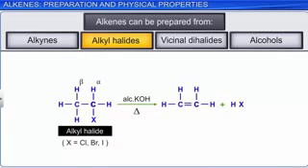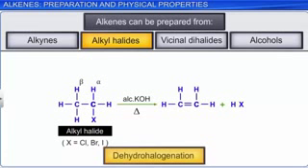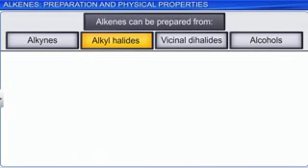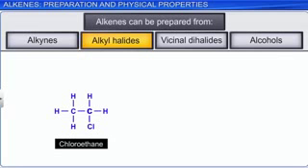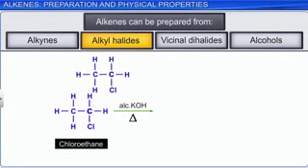As hydrogen and halogen atoms are removed in the form of halogen acid from the alkyl halide, the reaction is also known as a dehydrohalogenation reaction. For example, 1-chloroethane on heating with alcoholic potassium hydroxide forms ethene.